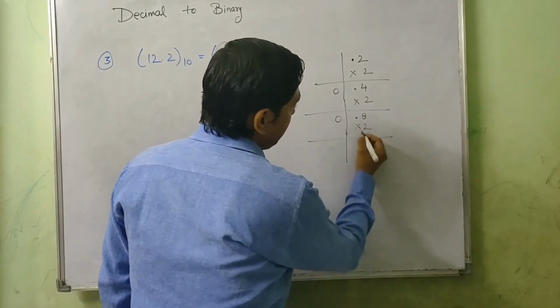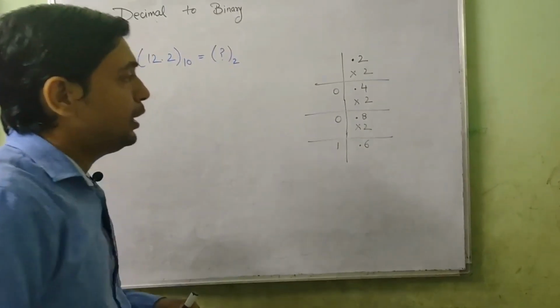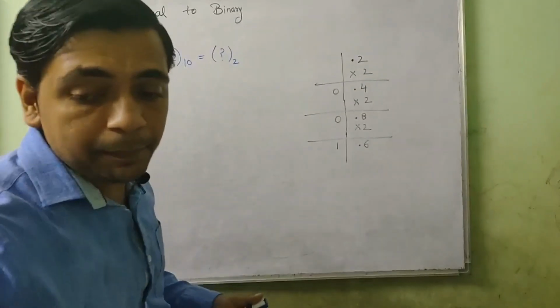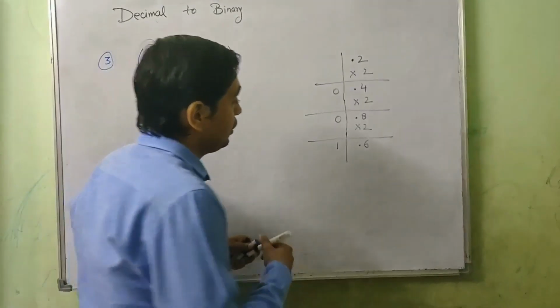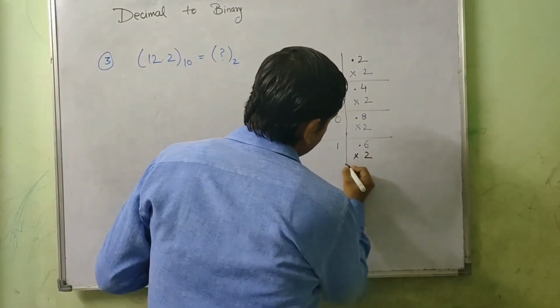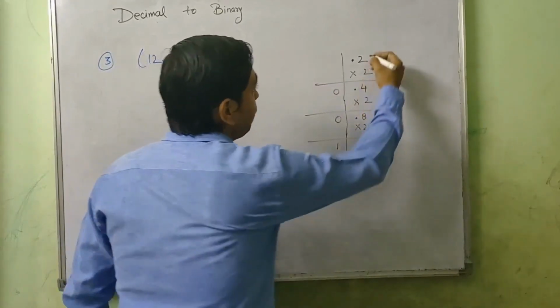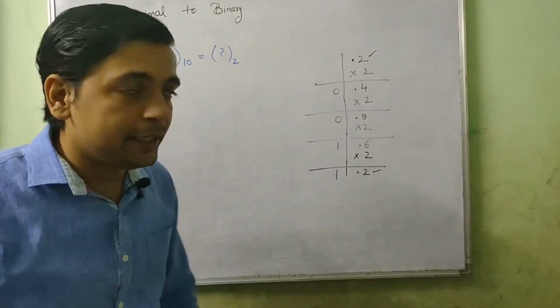So again we multiply 0.8 by 2, so 1.6, and 1 will come here. Again you will multiply by 2, and this time it will become 1.2, and you can see 0.2 is repeated again. So if you continue, this is going to repeat again and again.